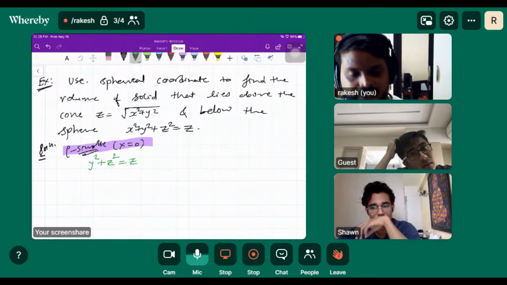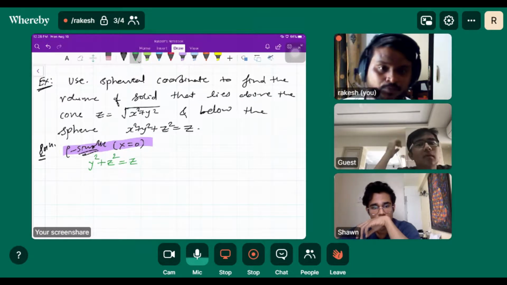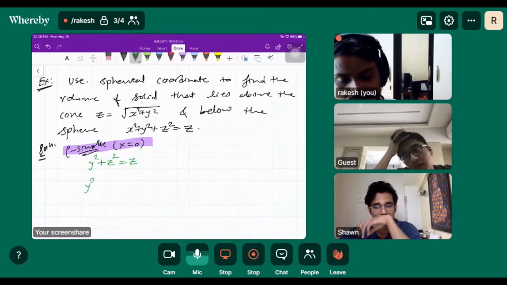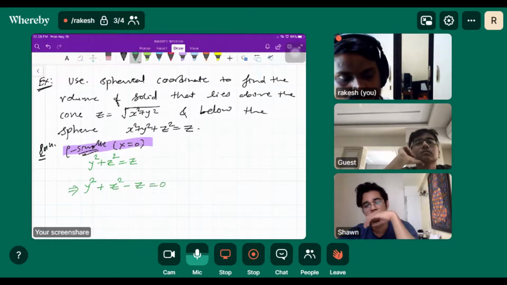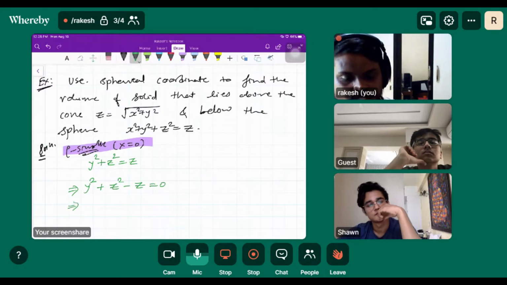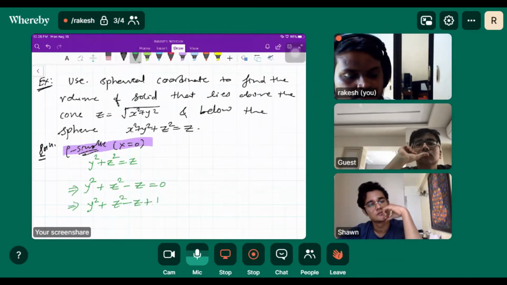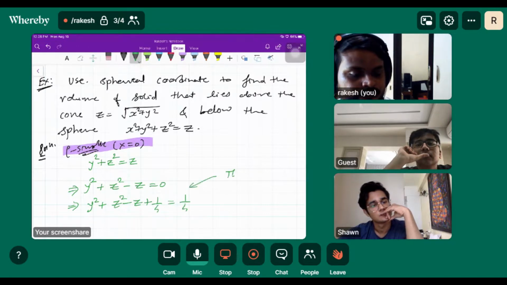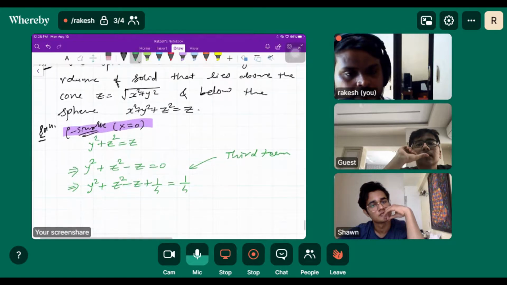Okay, I knew that you may be stuck here. We'll write y square plus z square minus z equals 0. This is not new for us, we have already done this. Add 1 over 4 as the third term, completing the square.